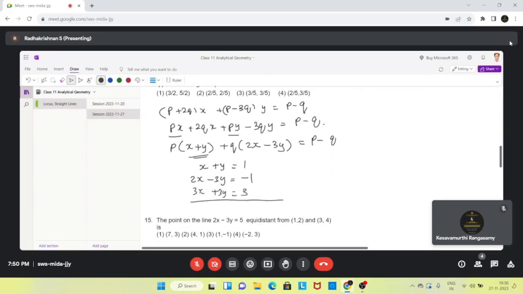I add these two, so I get 5x, y gets cancelled, equal to 2. That is x equal to 2 by 5. And since x plus y equal to 1, y equal to 3 by 5. That's all. So it will pass through 2 by 5 comma 3 by 5, which is your option number 4, sir. Option 4. That's all.